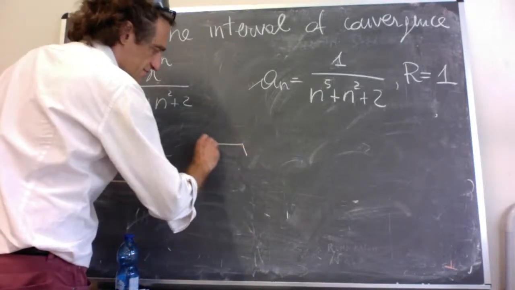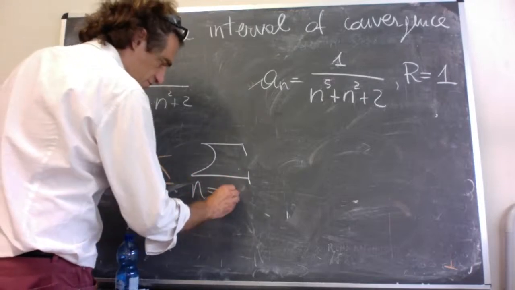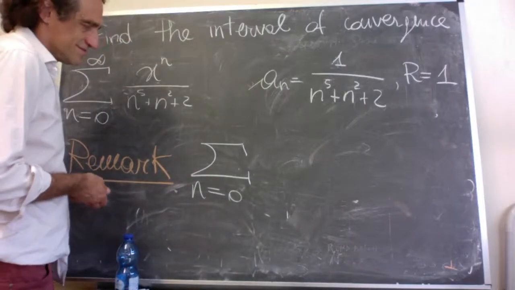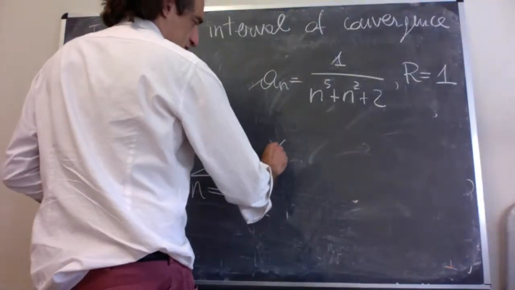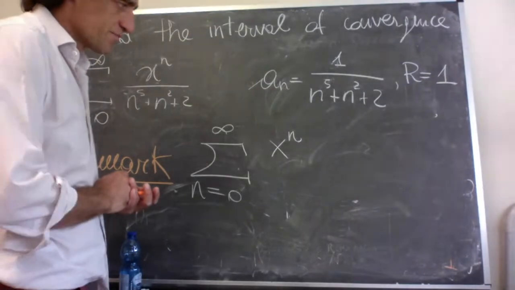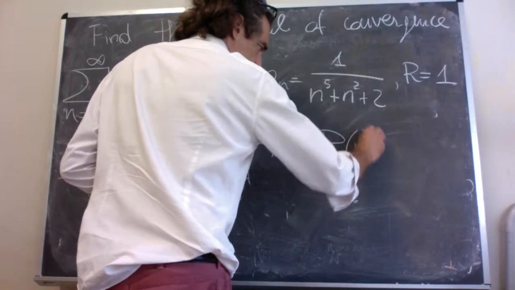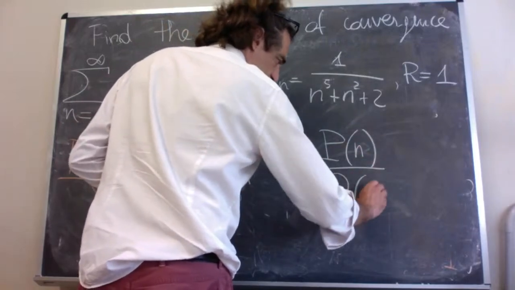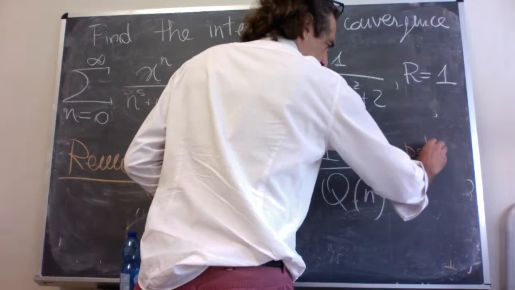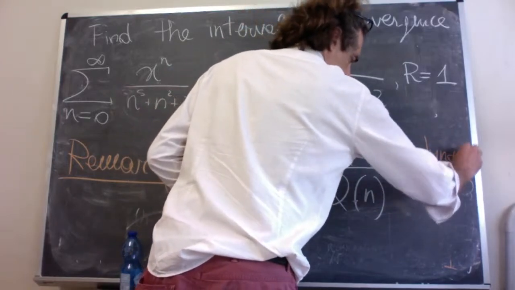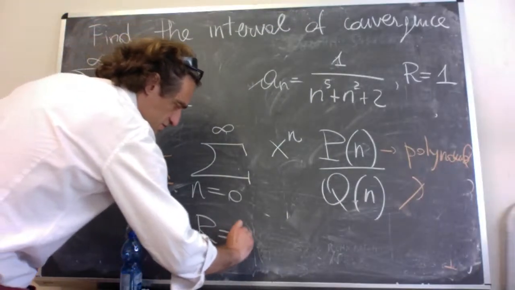When you have the sum for n going from 0, or from other numbers, to plus infinity of x to the n power times the ratio p of n over q of n, where p and q are two polynomials, then the convergence radius is 1.